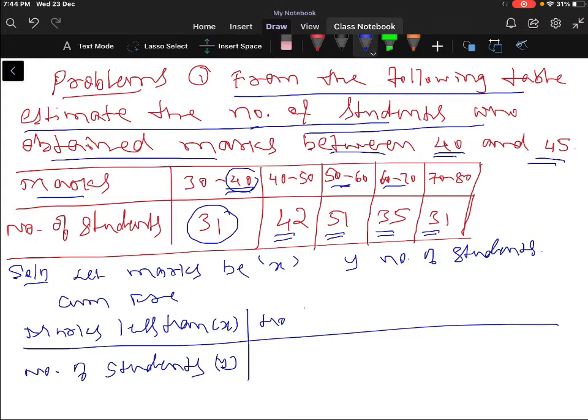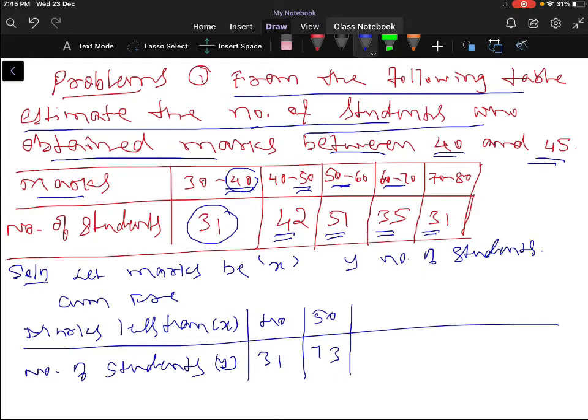Let us take the marks less than 40. There are 31 students. So let us take the marks less than 50. You have to add up less than 40 marks as well as less than 50 marks. 31 plus 42, that is 73.